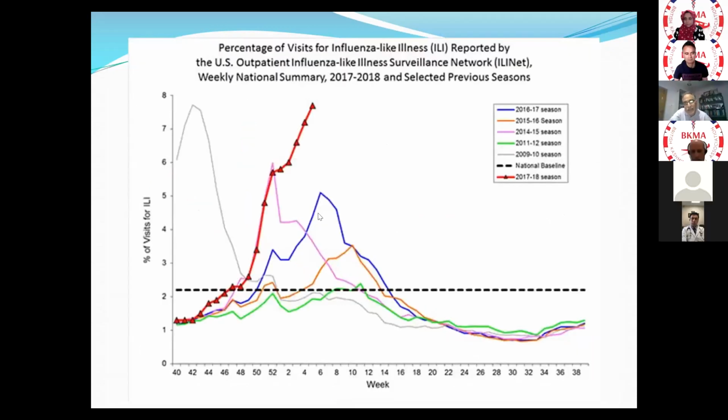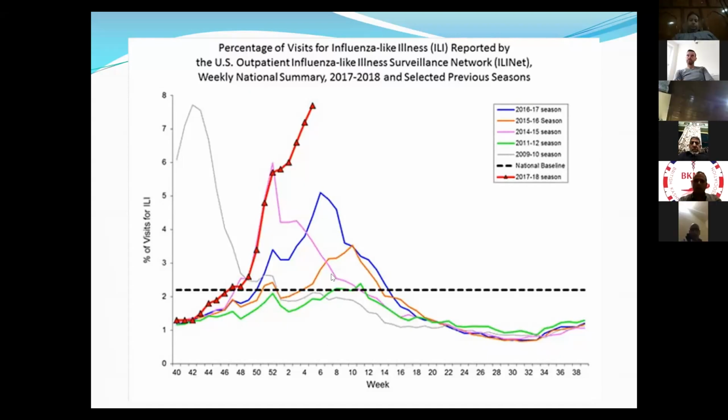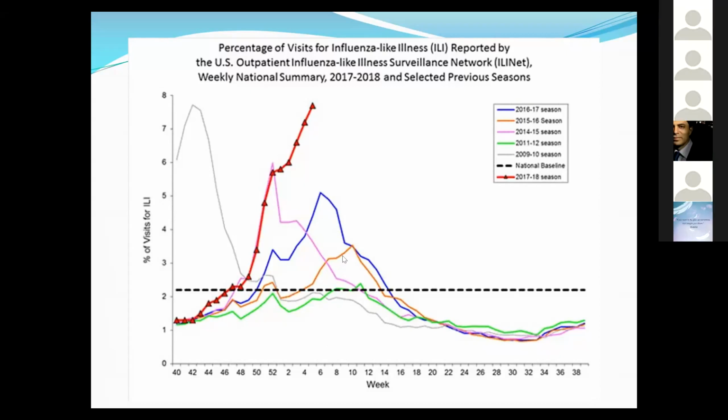These are the cumulative data of influenza-like illnesses from 2009 to 2019. And every year, ILI cases increase. The green is 2011-12. Then the purple is around 2014-15. The orange is 2015 and 16. The blue is 2016 and 17.